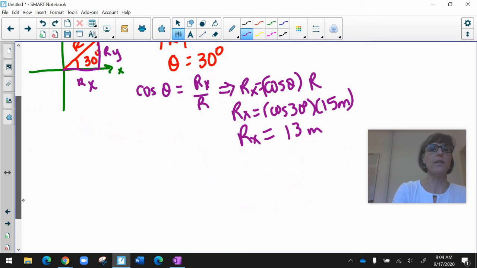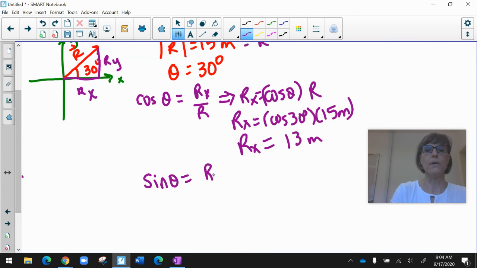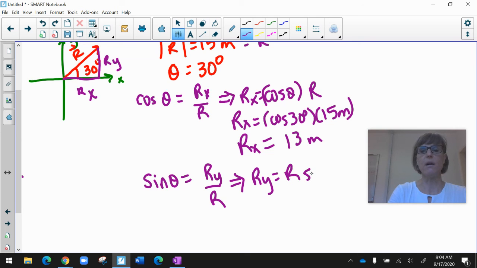I can do a similar thing for my y component. I can say that sine theta, which is going to be opposite over hypotenuse, is ry over r. And then I can say that ry is going to be r sine theta.